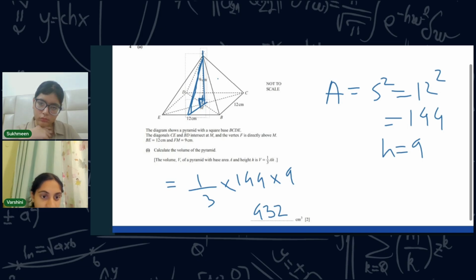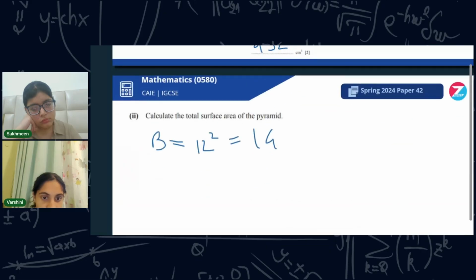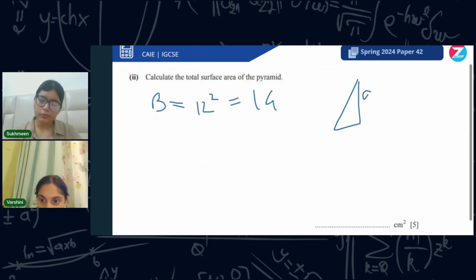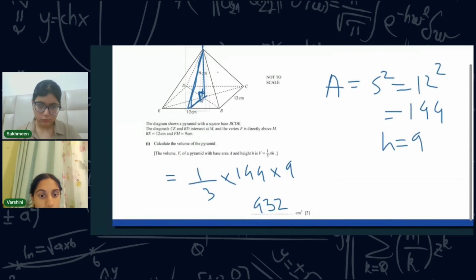So to find this height of this triangle, we're going to use this other triangle that we found over here, and we already know that one side is 9. So let's draw this triangle again. And we know that this is 9. We also know that the square over here, each side of the square is 12.